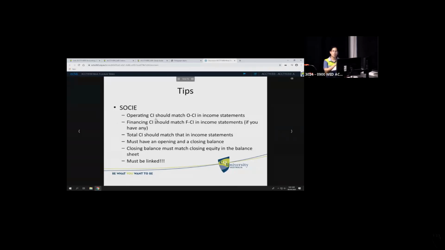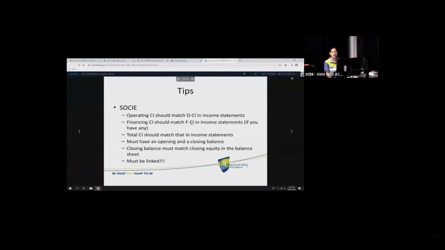I show you how to split that CI into O and F. When you do that split into O and F and get a total for each, the total for operating CI should match the total you get when you do the same thing in restating the income statement in week 7. You can't do these 2 checks until you finish restating your income statement, but when you do, these are the 2 checks.